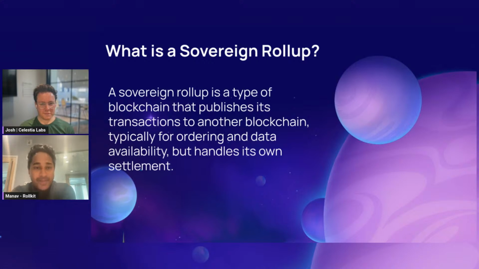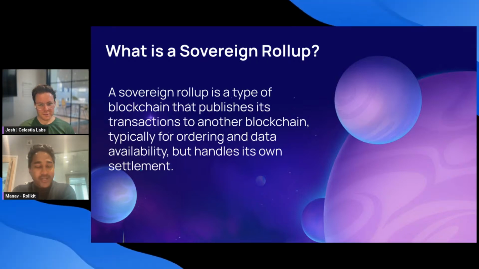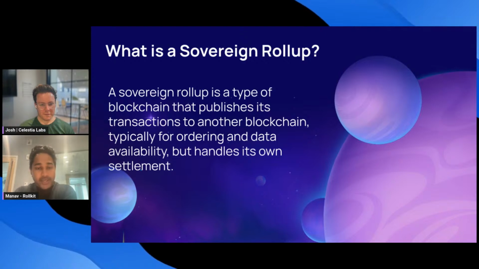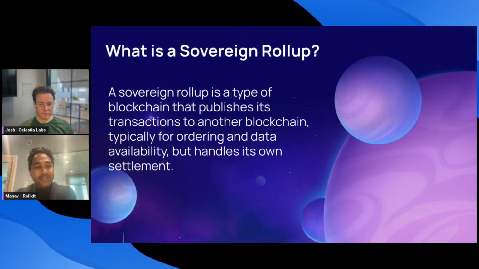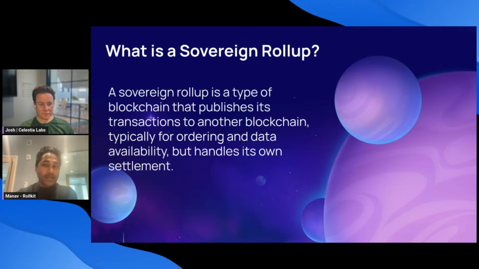A sovereign rollup is a type of blockchain that publishes its transactions to another blockchain, typically for ordering and data availability, but it handles its own settlement. So there is no extra settlement layer in a sovereign rollup; it handles its own settlement.